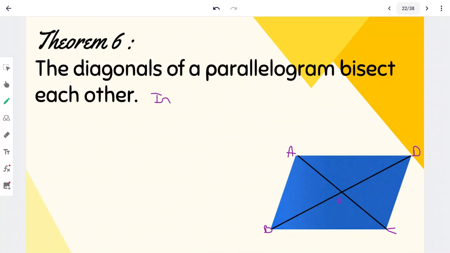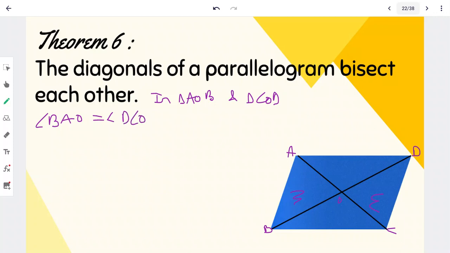This is O. Now look at triangle AOB and triangle COD. You will get that angle BAO is equal to angle DCO.